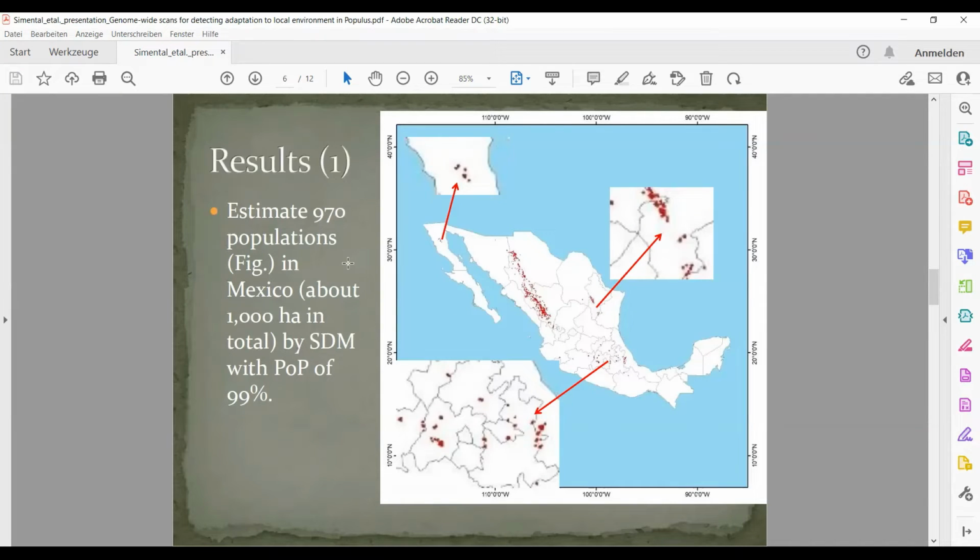That's an estimation with our models. And in Mexico, we have more or less 1,000 hectares, not more, of Populus tremuloides, with a probability of presence of 99%. The red points, you can see these stands, but it's a model.